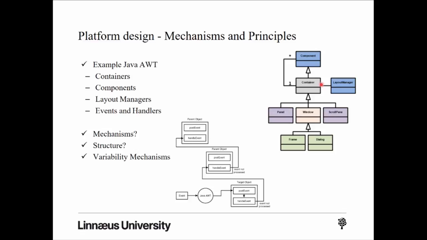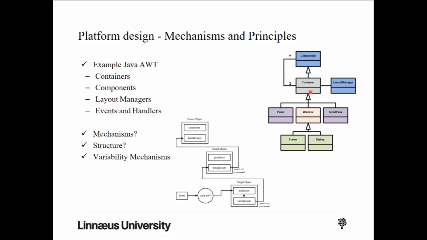So this is an example of a structure and a mechanism that is part of this reference architecture for Java AWT user interfaces. There are loads of, well, variability mechanisms in here. The fact that you have a container and you add components to that container, you add with a method, that's a variability mechanism.